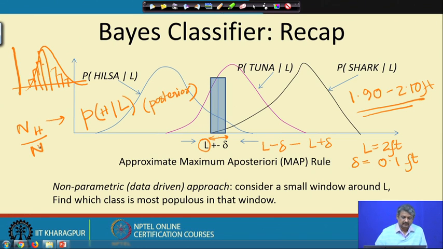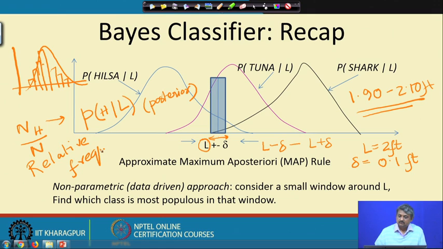This is called the relative frequency. So, if my intervals are small enough, the relative frequency will give me the posterior probabilities.